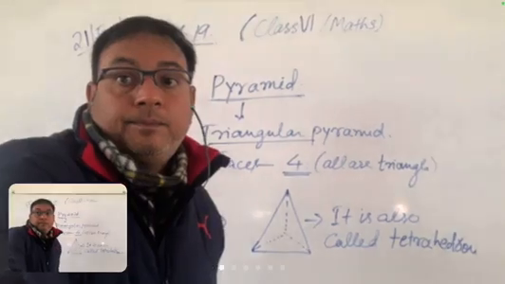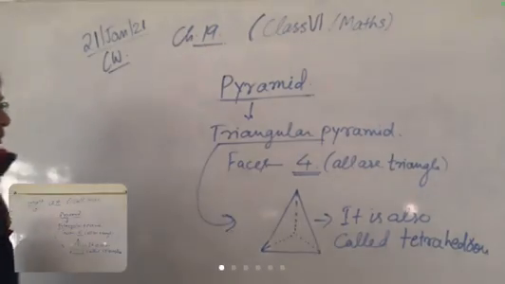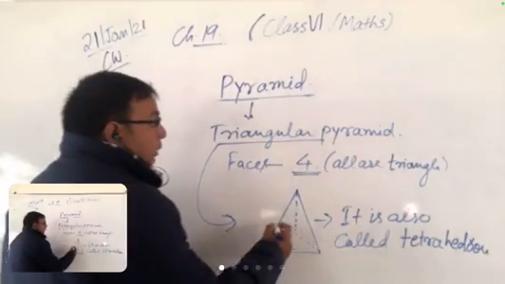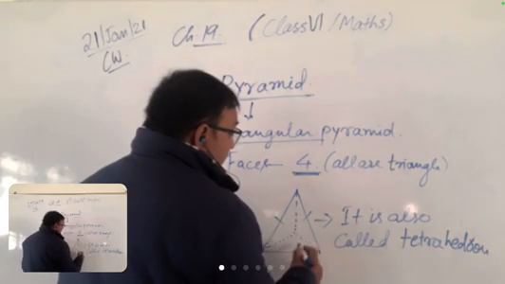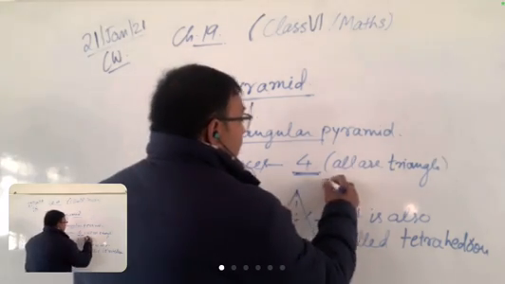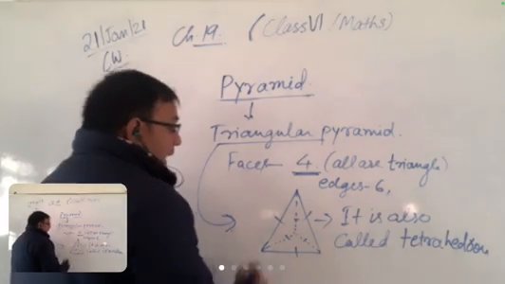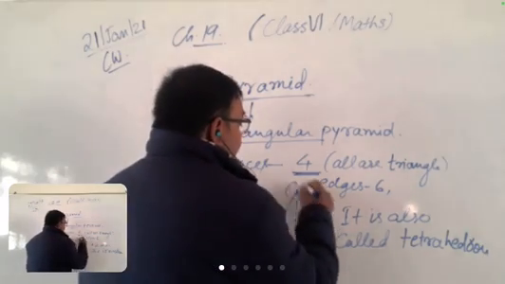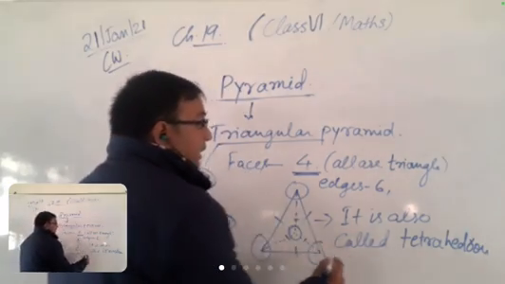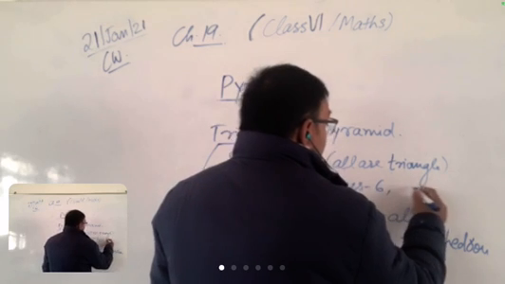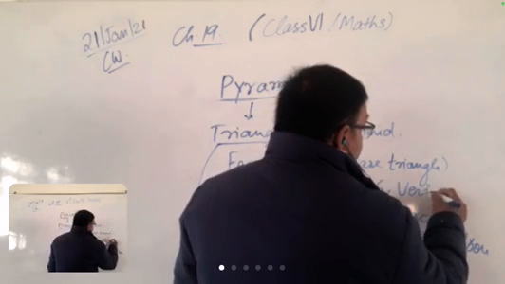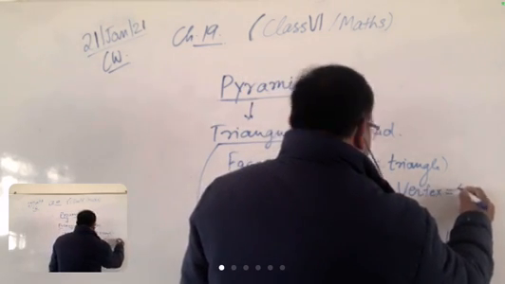Visible? So now in this, how many faces? 4. Edges, 6, and there is a corner at the top also. So vertex is equal to 4.